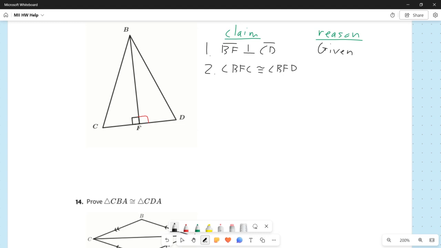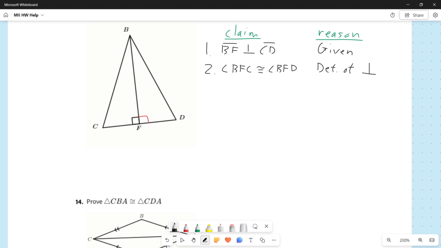And the way that I would phrase this is that this is basically the definition of perpendicular. Again, depending on your teacher, you may need to include a couple more things here. But for me, I think this is sufficient: if these two lines are perpendicular, we know that means they form a right angle. All right angles are congruent. Therefore, these two angles in question are essentially the same angle. They are congruent. Okay, so that gets us an A.